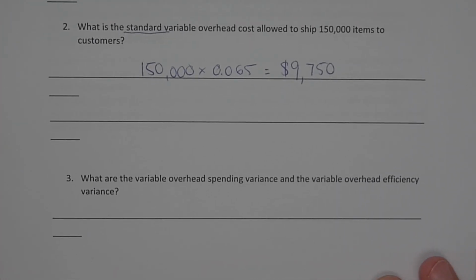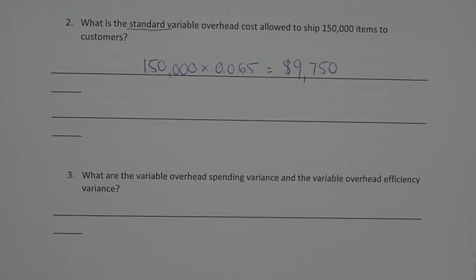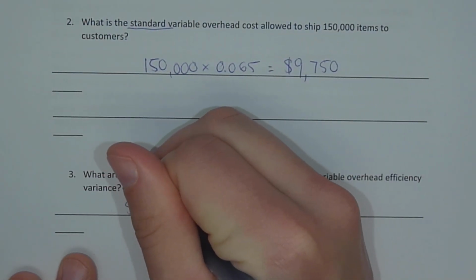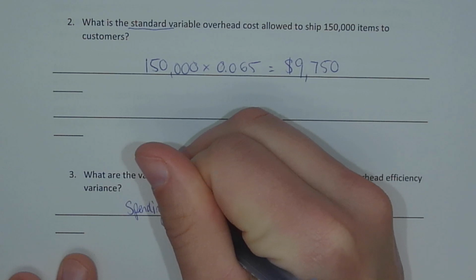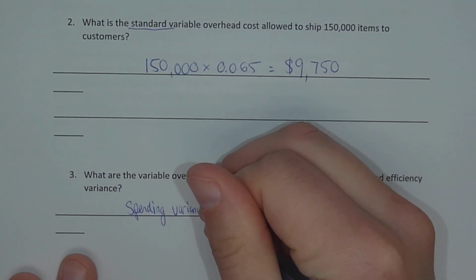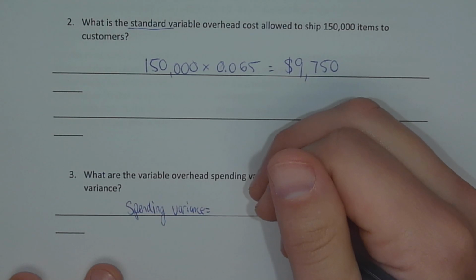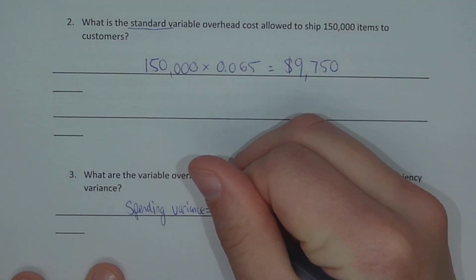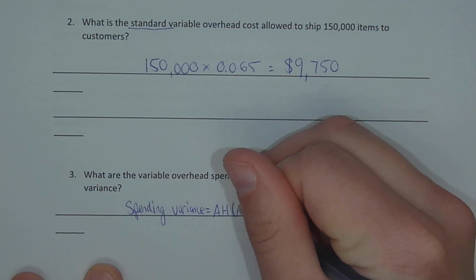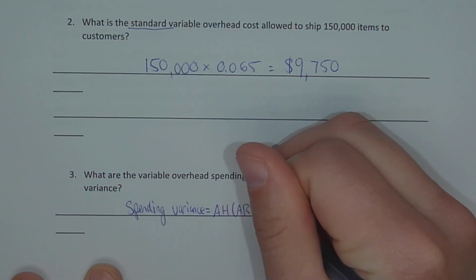What are the variable overhead spending variance and the variable overhead efficiency variance? Well, our spending variance equals our actual hours times our actual rate minus our standard rate.